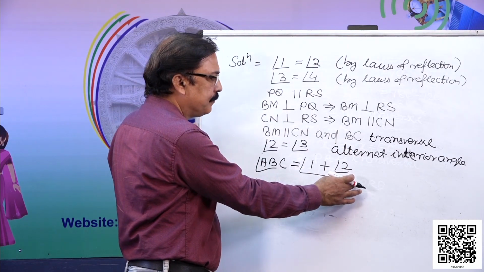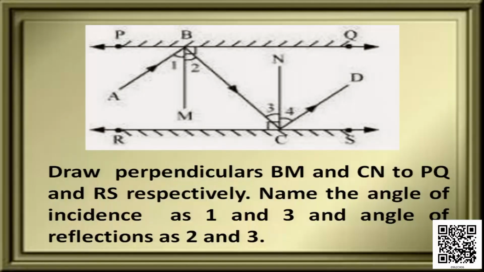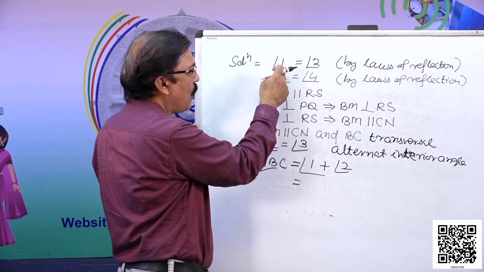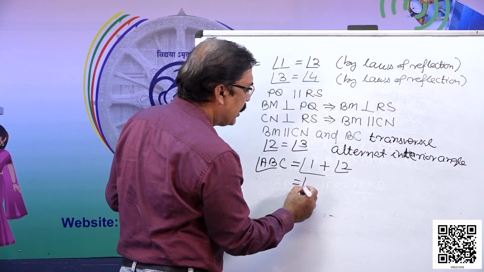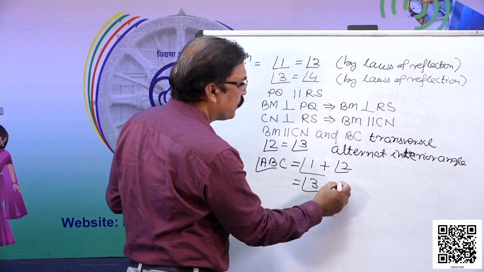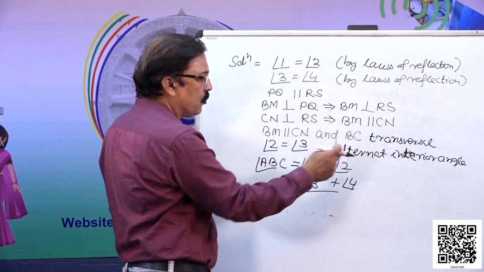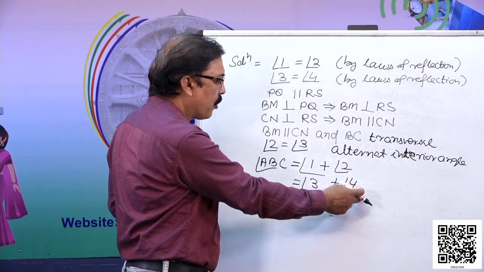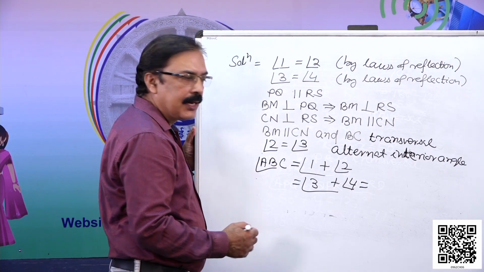See, 1 equals 2, 3 equals 4, and 2 equals 3. So 1, 2, 3, 4 are all equal. From this we can write that in place of 1 plus 2, we can also write 3 plus 4. And this 3 plus 4 gives angle BCD.